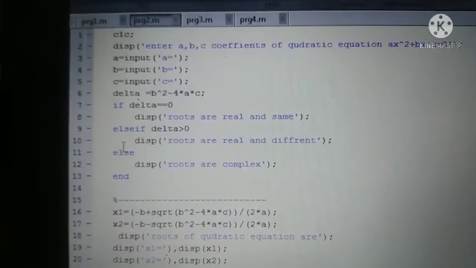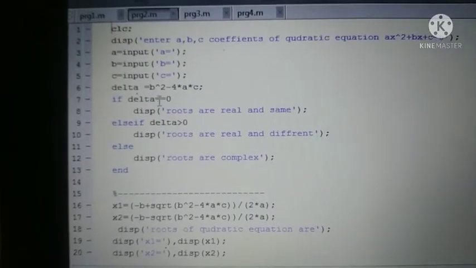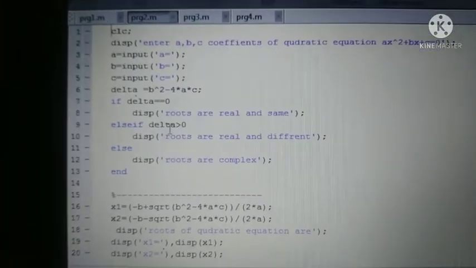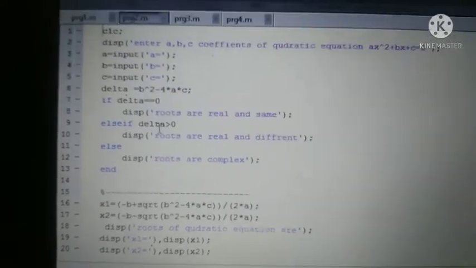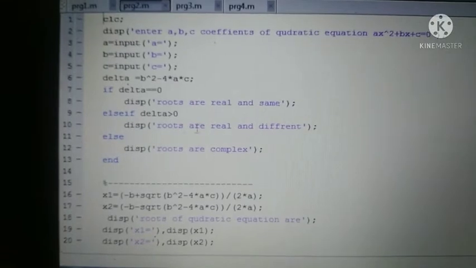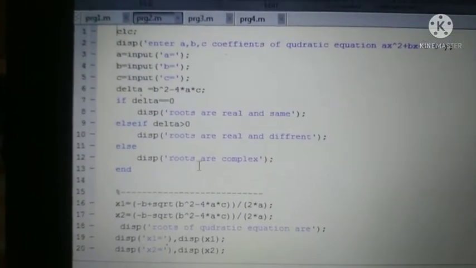If not, else if delta is greater than 0, it indicates the first condition failed. Then we check whether the value is greater than 0. If it is greater than 0, then the roots are real and distinct. Otherwise definitely it is less than 0, so else the roots are complex.